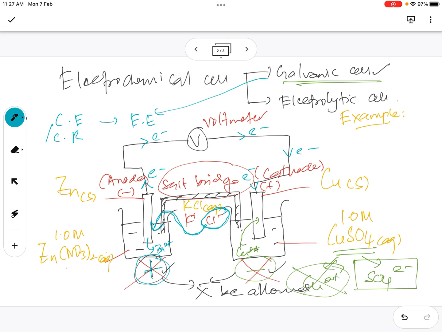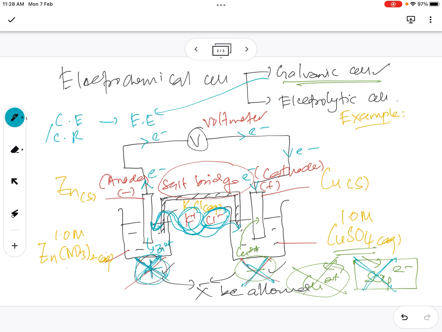Positive negative akan jadi apa? Can they cancel each other? Can. Very good. So Cl- ini akan masuk dalam beaker yang bercharge positif ini, dia akan batalkan positif. Okay? Sama juga K+ ini bercharge positif masuk ke dalam beaker ini, dia akan cancelkan negative charge. Maka electrochemical cell berfungsi seperti biasa.